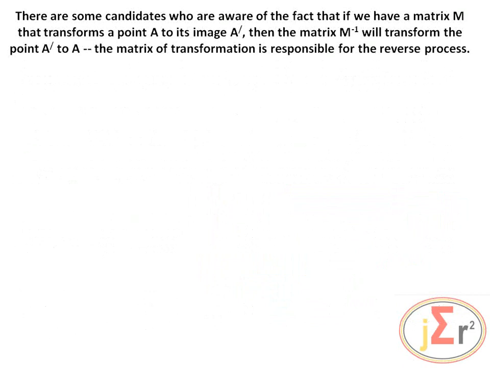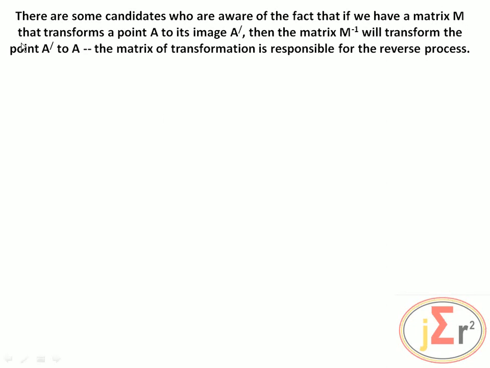There are some candidates who are aware of the fact that if we have a matrix M that transforms a point A to its image A prime, then the matrix M inverse will transform the point A prime to A. The matrix of transformation is responsible for the reverse process.